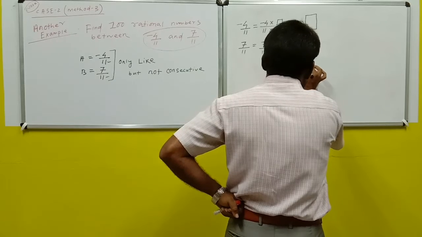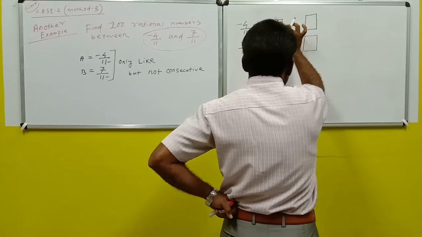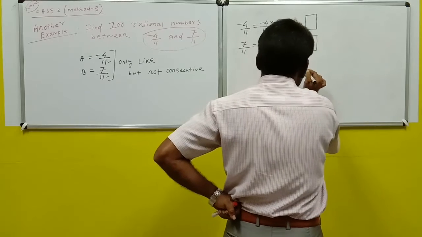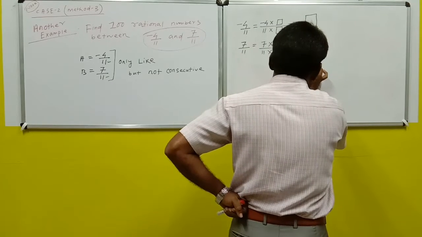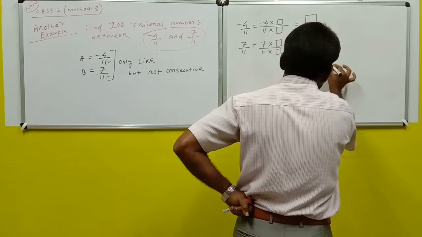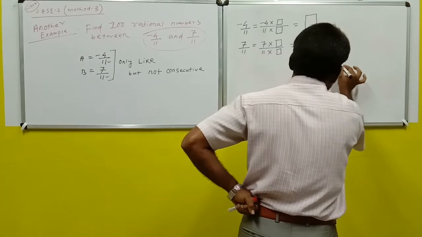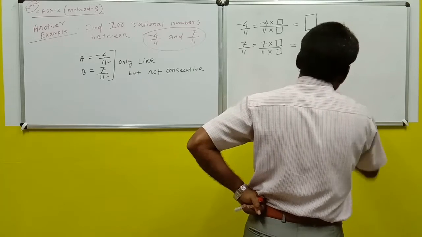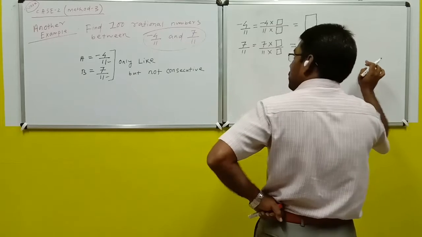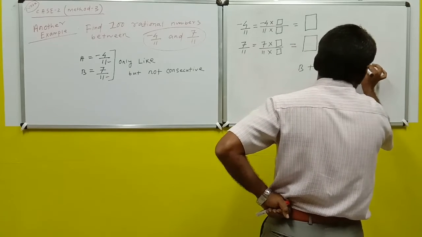Already I have told you that that suitable number will depend upon the formula b plus (x minus 1) into d equal to 100.